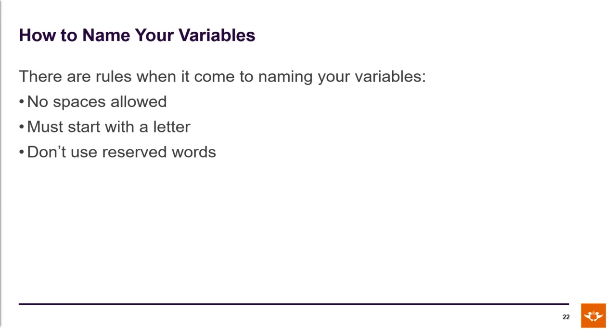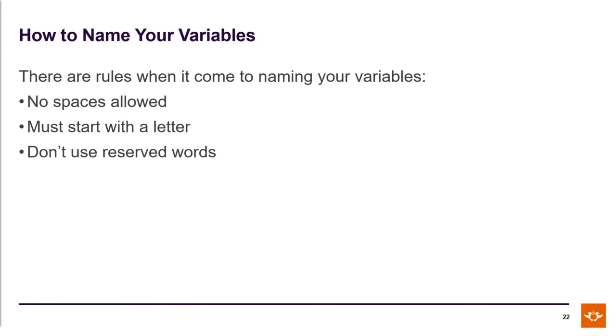Some of you who have spaces in your names, I apologize. There should be no spaces, and the name must start with a letter. So you can't start a variable name with a number or a special character. And thirdly, and most importantly, do not use reserved words.